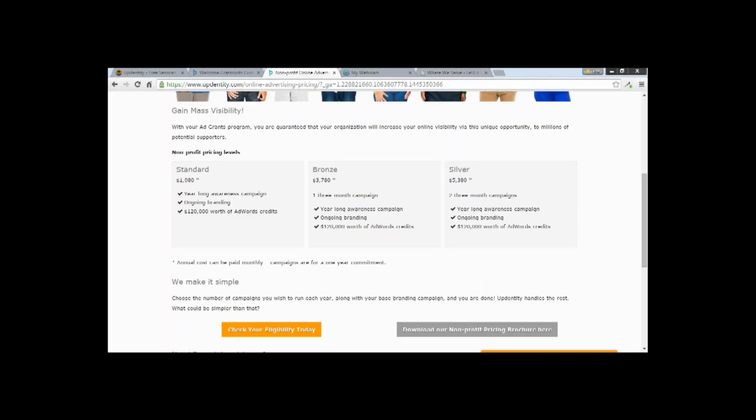You will receive reports monthly, and in those reports are included examples of the ads that we're running. It will provide you a click-through rate. That click-through rate means how many people are clicking on your ads. So that's a huge indicator of how successful your ads are, by the amount of people that are clicking on them.